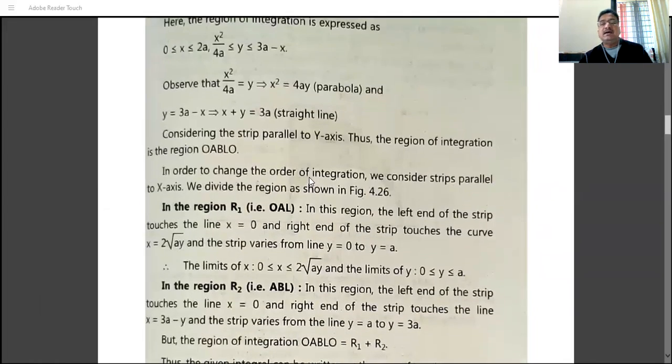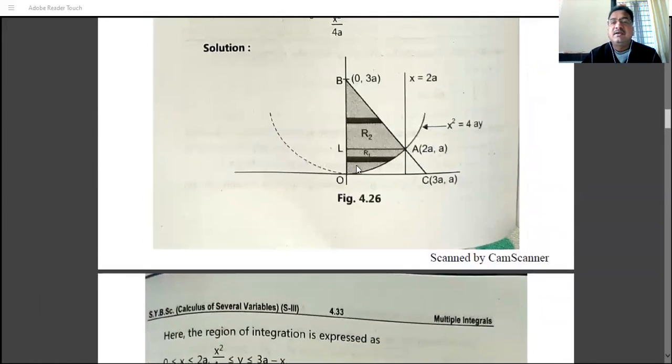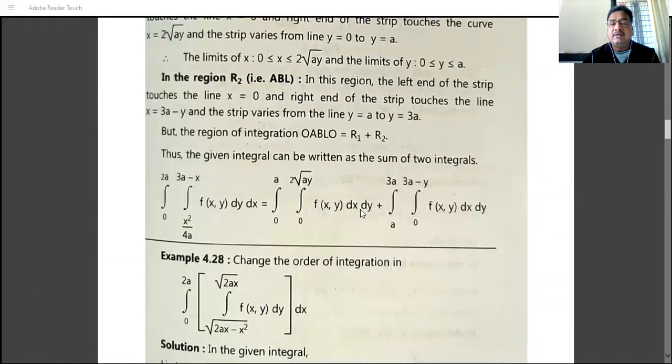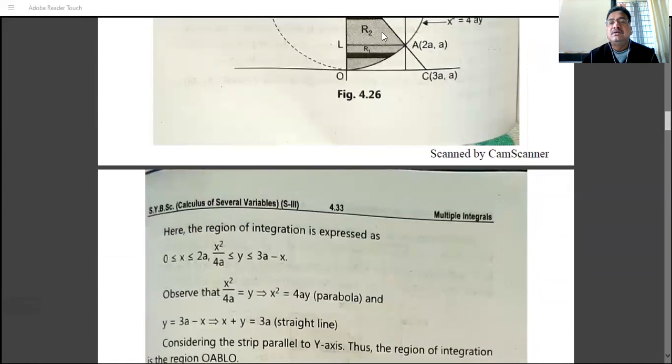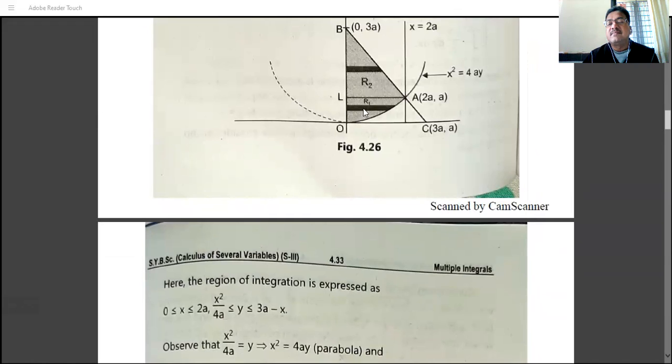So first we observe here. We have to integrate with respect to x first, means we have to take a strip parallel to the x-axis. But if we take a strip parallel to the x-axis, like this, and move this strip from this point to this point to cover this area, then we observe that after this line LA, one end of the strip touches this straight line, whereas before that it touches the parabola x square is equal to 4ay.